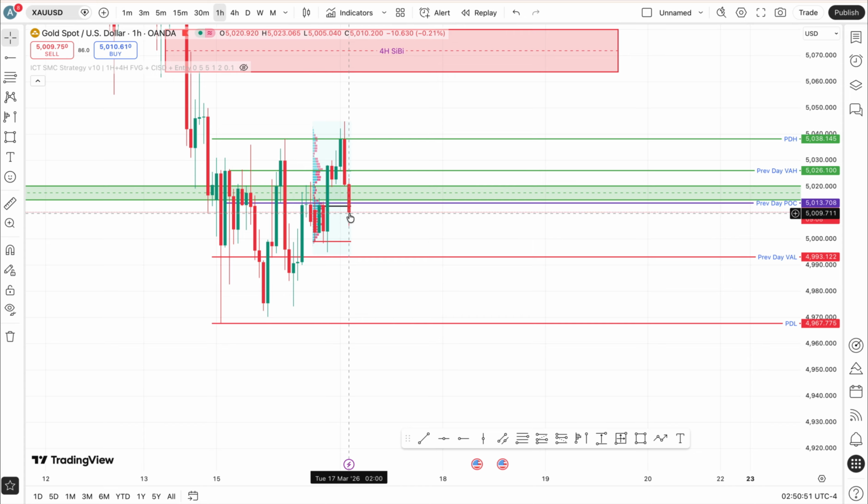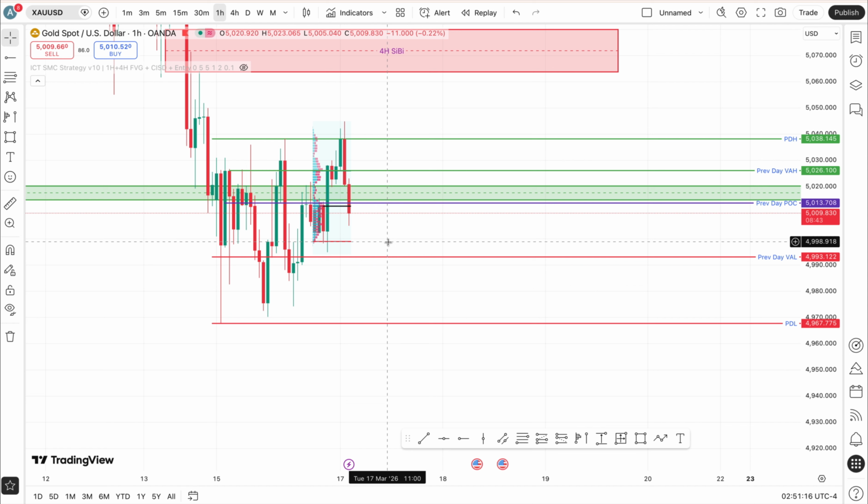The value area low represents the lower boundary of value, where buyers often step in when price trades at a discount. The fact that the price is holding right above the value area low and is moving towards it means that this could be the next liquidity or a level that you can consider, 4998.9.